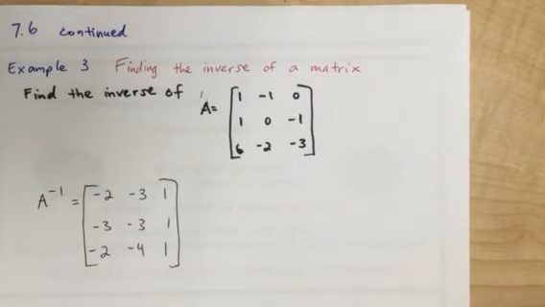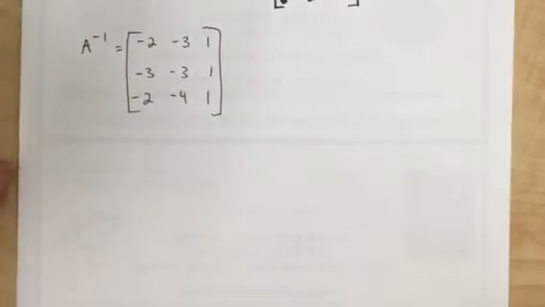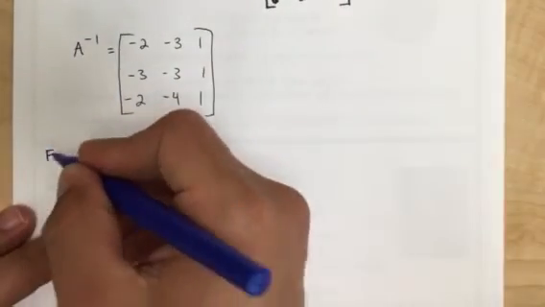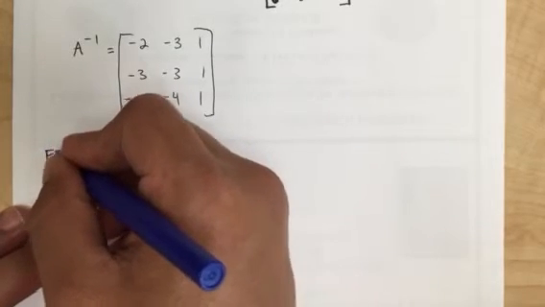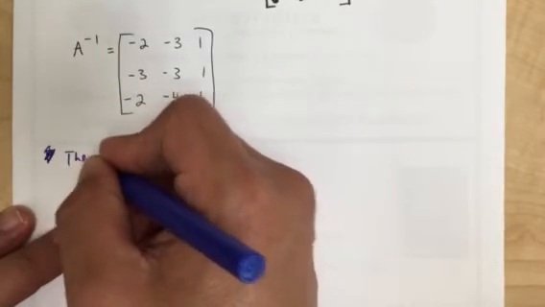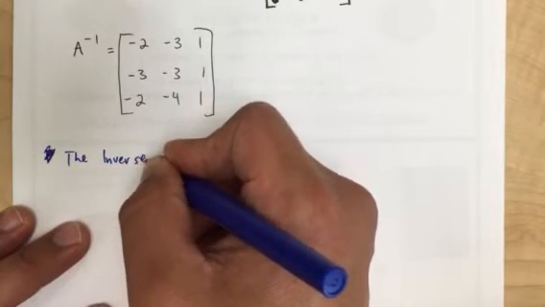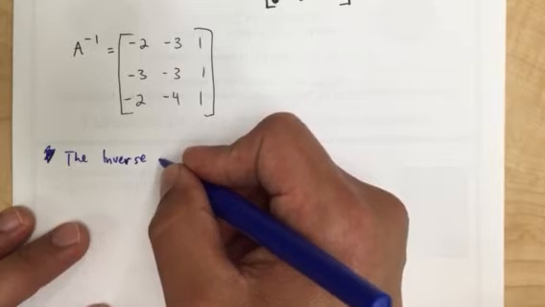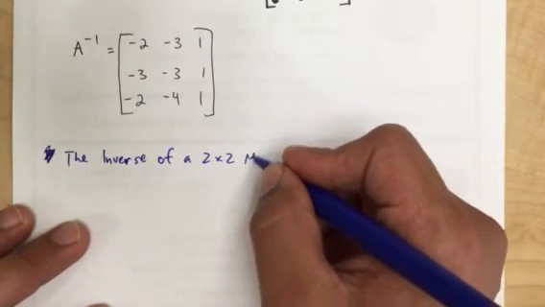Okay, and now we go over to finding the inverse of a 2 by 2 matrix. So the next thing I want to talk about is the inverse of a 2 by 2 matrix.